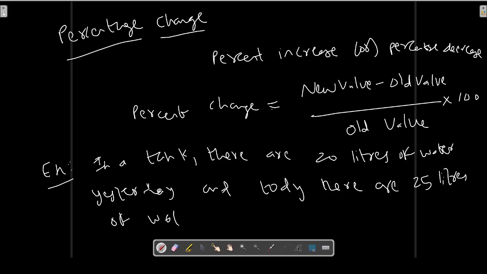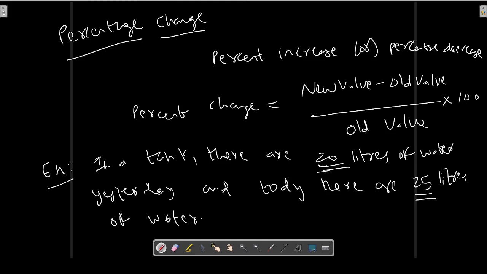In this condition, we have to find the percentage change. Here, the old value is 20 liters and the new value is 25 liters, because the tank contains 20 liters yesterday and 25 liters today. So that means 20 will become old value and 25 will become new value.